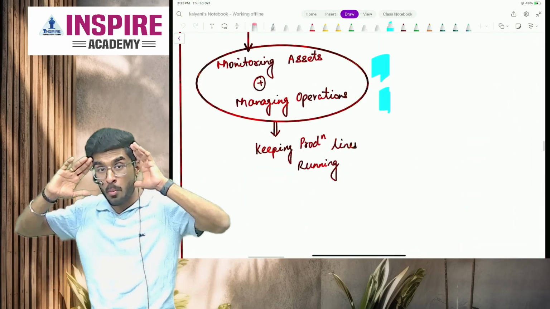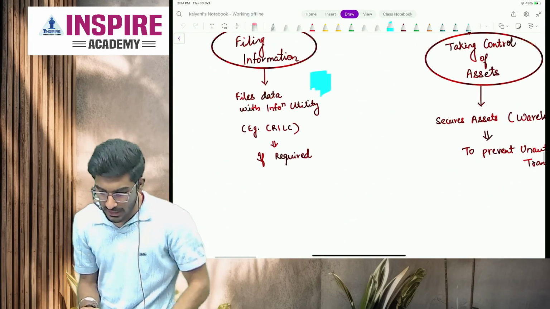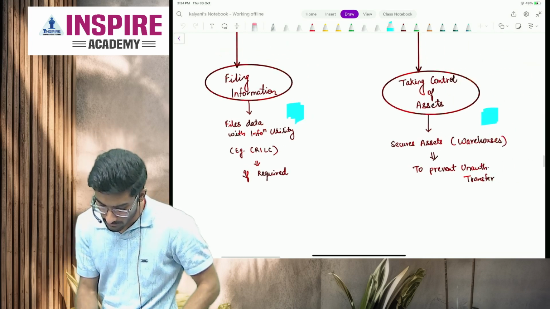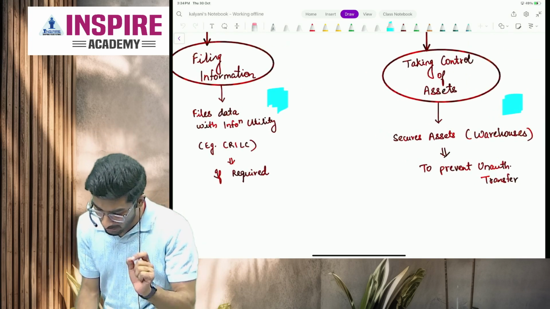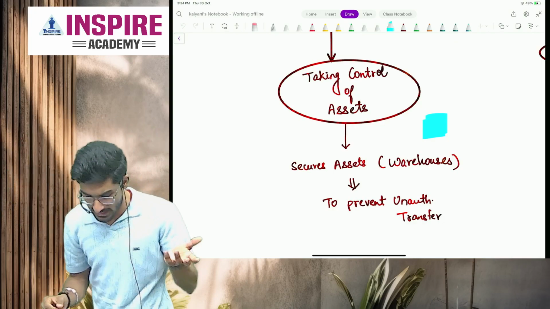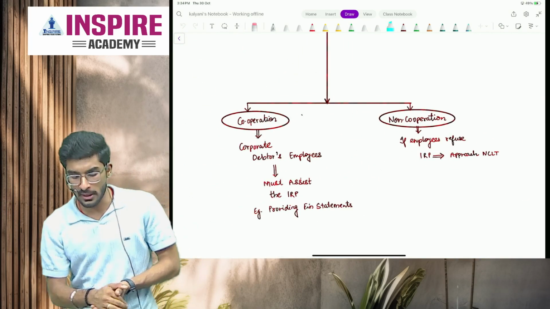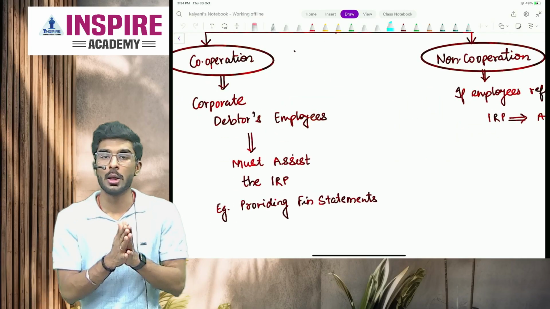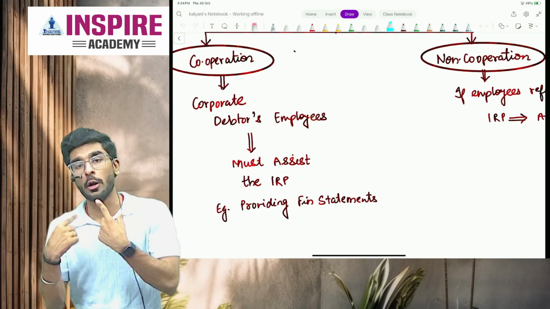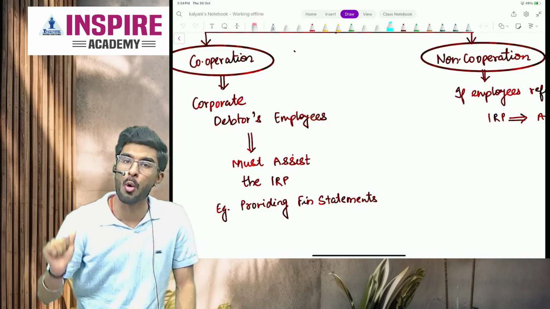And number three is monitoring and managing the operations. And next is all the information should be filed with the IBBI or an information utility, people. And next is taking control of the assets. We already know those, people. And last is, we know the corporate debtor's employees should cooperate with the insolvency resolution professional. If they are not cooperating, the IRP can go to NCLT to make them cooperate.